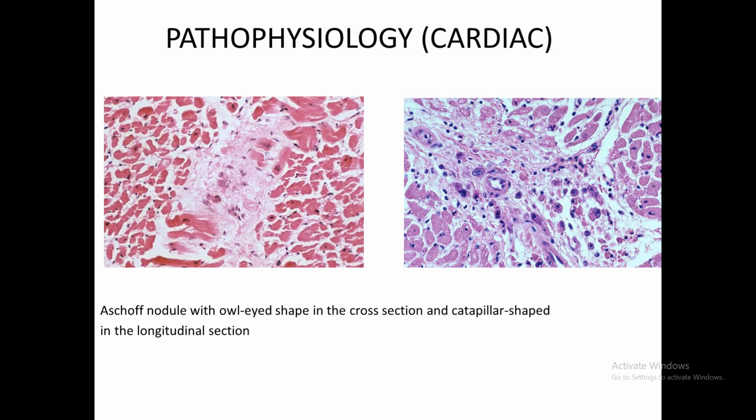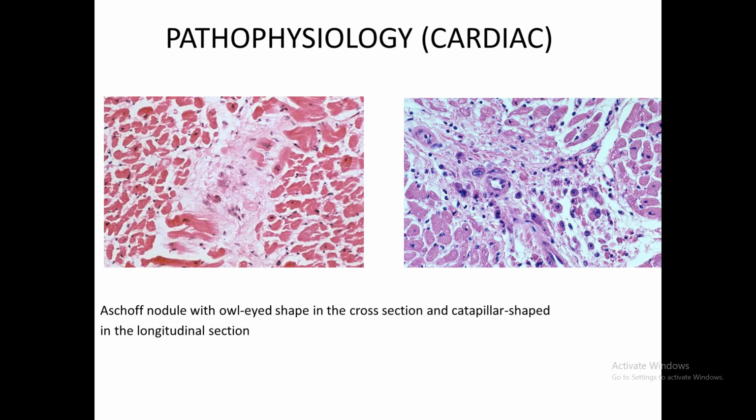Pathophysiology, as far as the cardiac is concerned, the basic problem you find in the biopsy is the Aschoff nodule. You see it with the owl-eyed shape in the cross section and the caterpillar shape in the longitudinal section. In this slide, it is an electron microscopic slide which is in front of you.